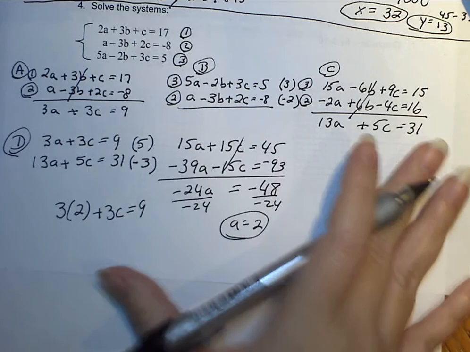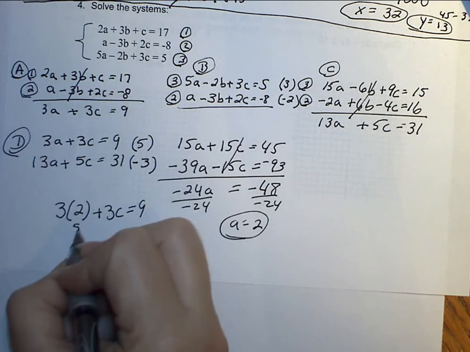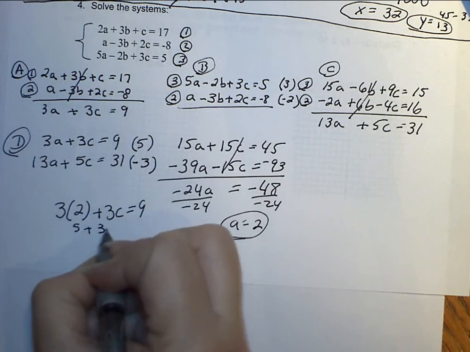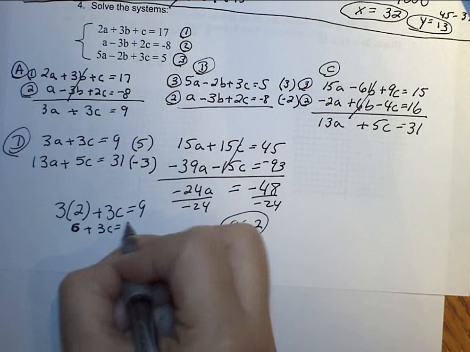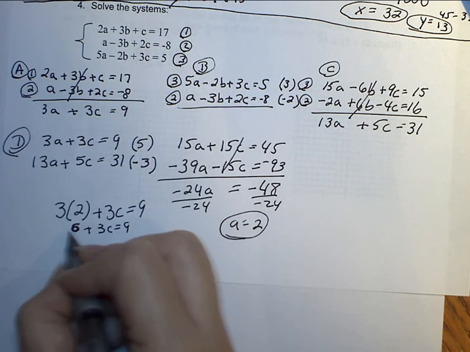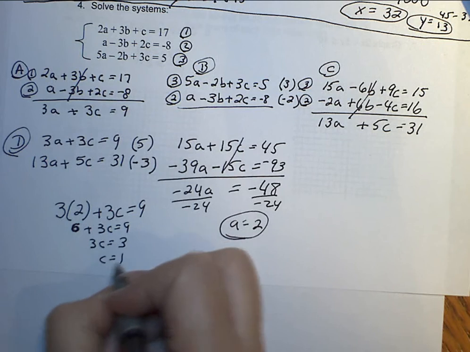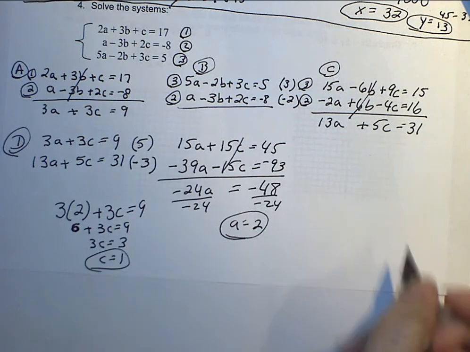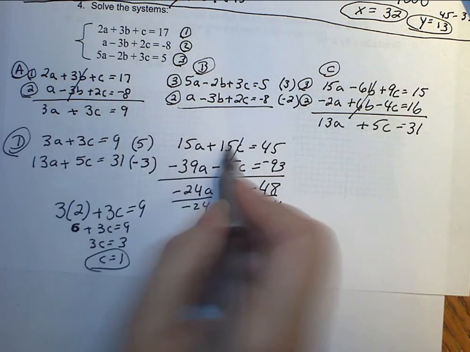So 3 times 2 is 6. 6 plus 3c is equal to 9. Subtract my 6, 3c is equal to 3, c is equal to 1. We'll call that D.